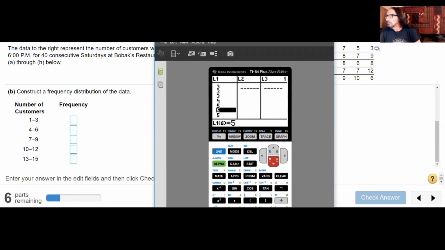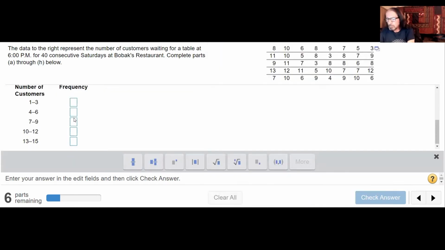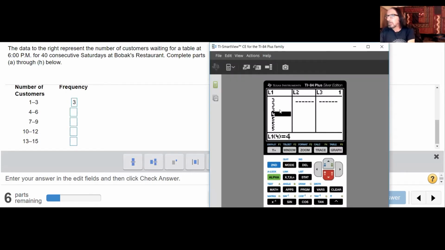Now notice that we have class widths of 3. There's a few different ways we could look at that. From 1 to 4, 4 to 7, 7 to 10, and 10 to 13 on the left, looking at the lower bounds, or 3 to 6, 6 to 9, 9 to 12, and 12 to 15. Those are 3 apart.